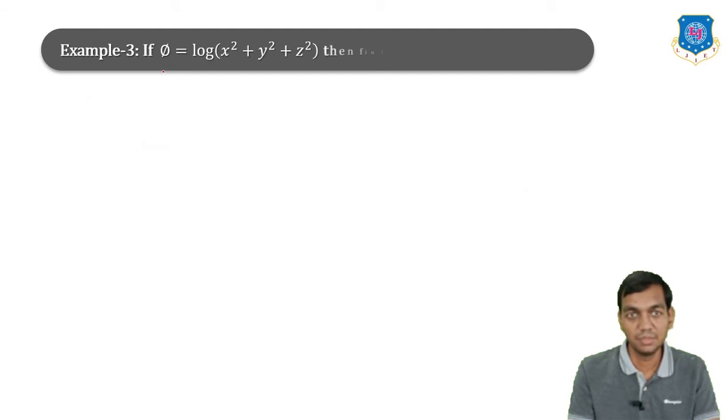Now, third example, phi is equal to log of x square plus y square plus z square. Then find grad phi.